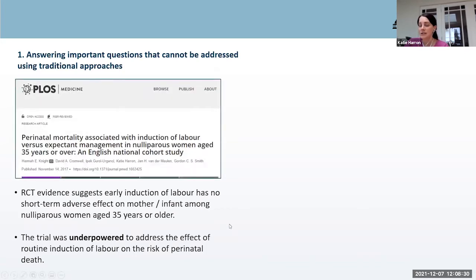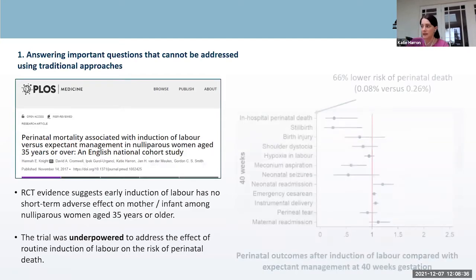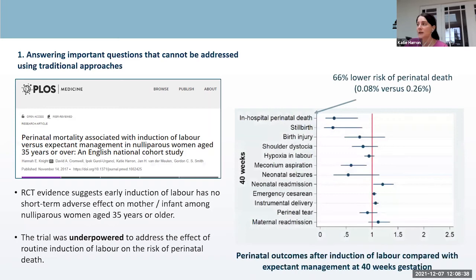So in this study, we linked data for 77,000 mothers and found that compared with expectant management, induction of labour at 40 weeks of gestation was associated with a 66% lower risk of perinatal death. And this obviously has important implications for policy guidelines and also for women who want to make decisions about childbirth.